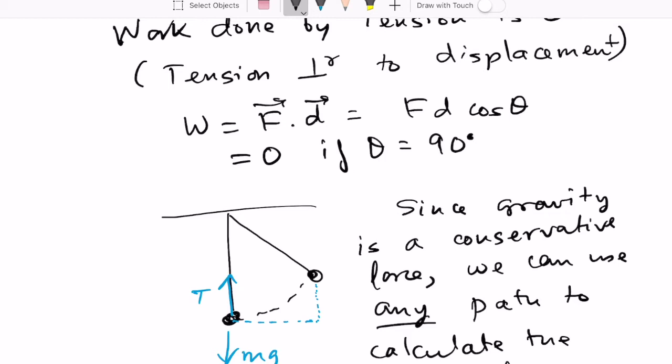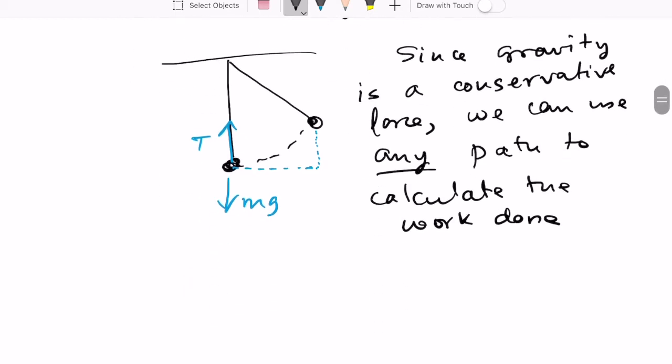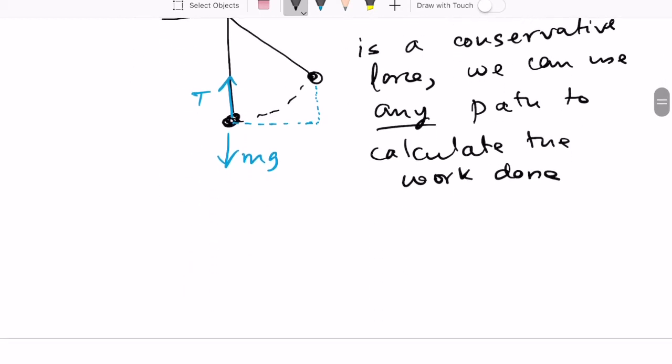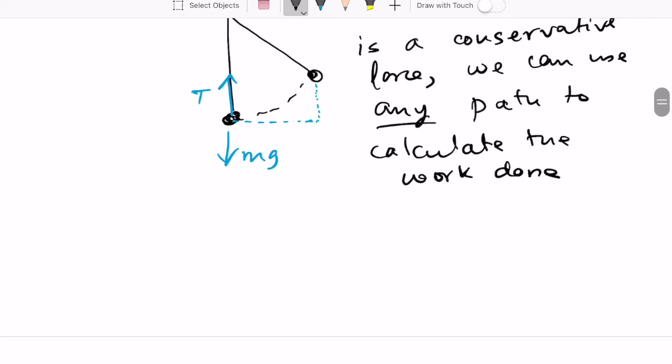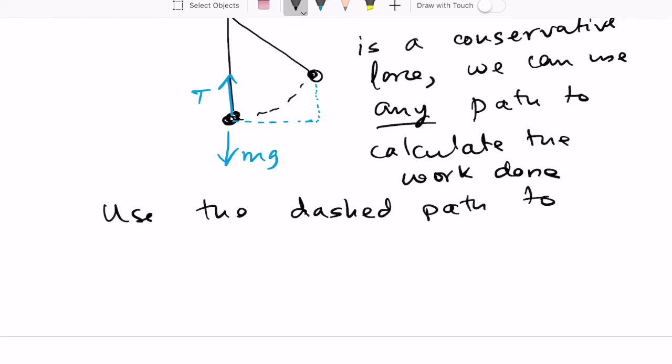We don't necessarily have to use the actual path taken by the object because every path will give you the same answer. So that's why we replaced it. So let's use the dashed path to find the work done by gravity.